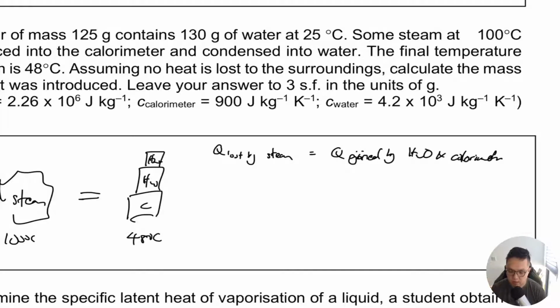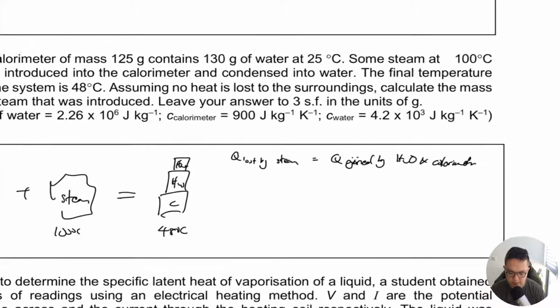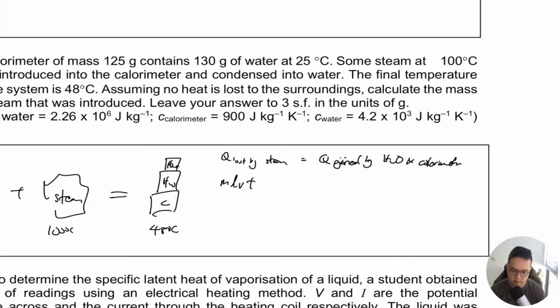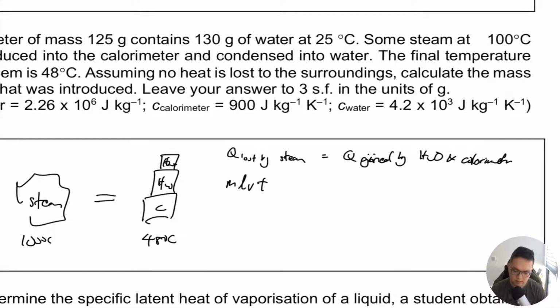The heat loss by steam: it needs to condense first, so this is m L_v plus m c delta theta. Delta theta is from 100 to 48, so 100 minus 48.